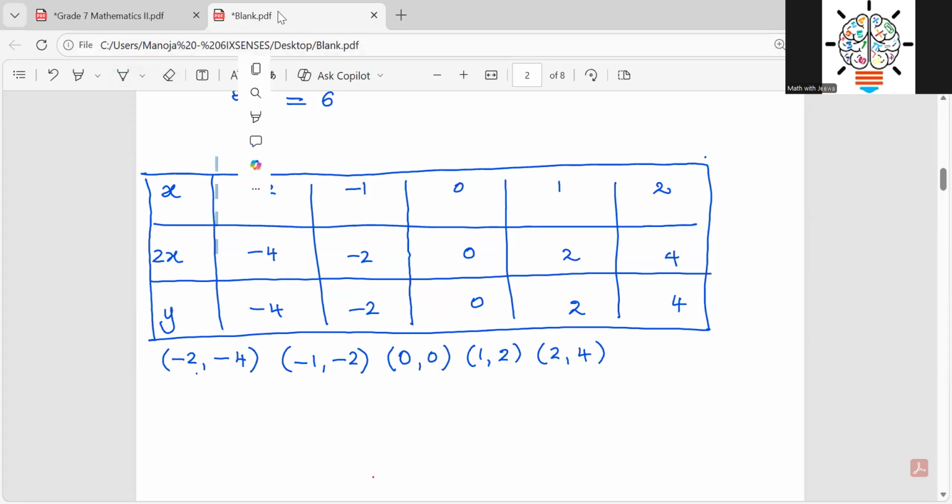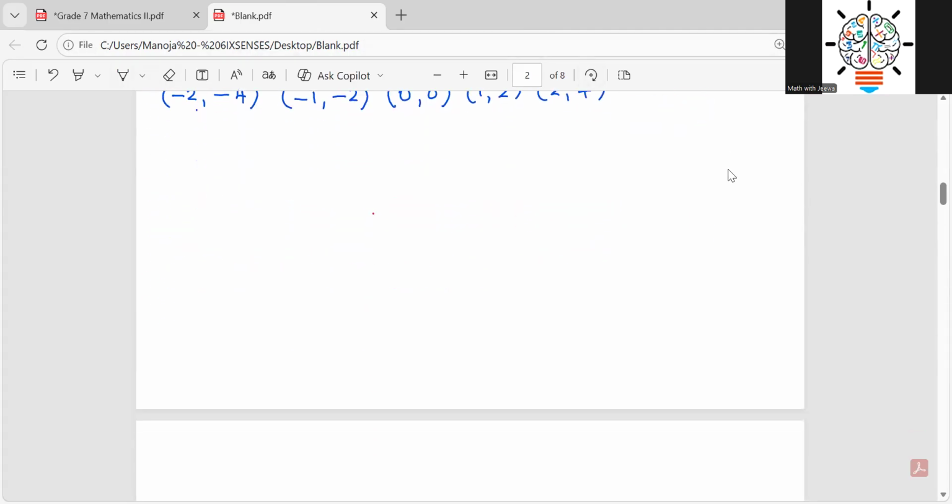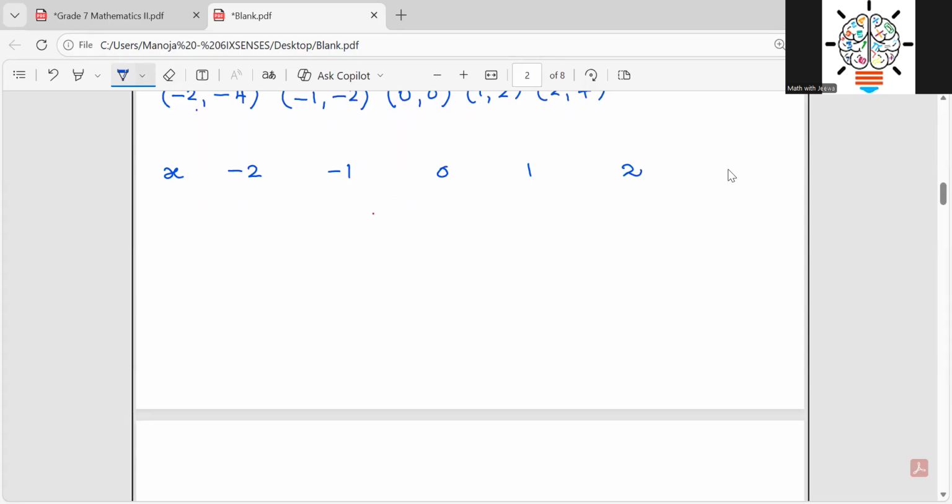Then in the same way you want to find the other one, the -x, right? Quickly you have the x values again: -2, -1, 0, 1, 2. Then you find the -x. What does that mean, children? The x value you multiply by negative. Negative times -2 is +2. Negative times -1 is +1. 0. Negative times +1 is -1. Negative times +2 is -2.